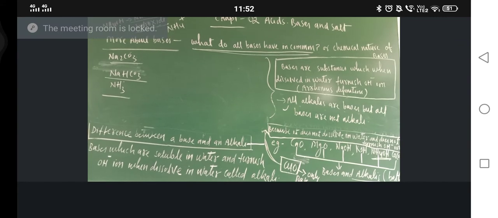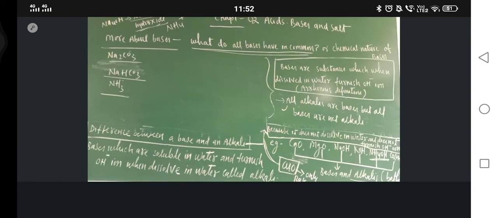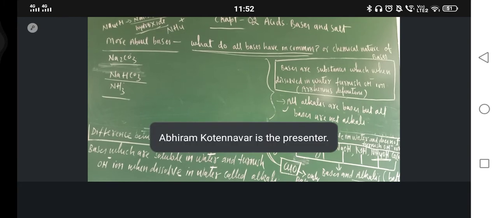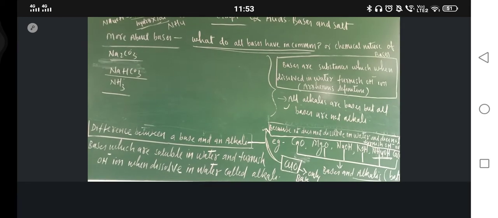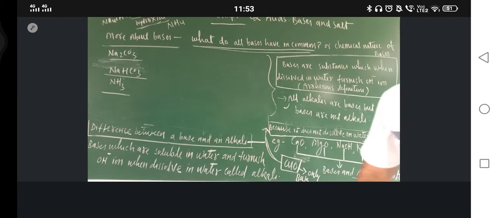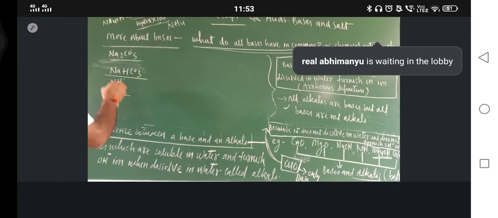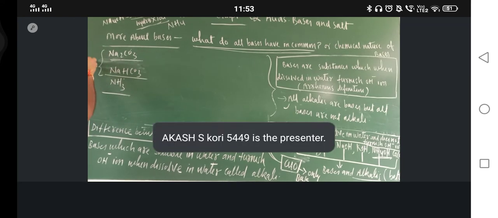Okay. So just see, my discussion is concentrated on three compounds: Na2CO3, NaHCO3, and ammonia. Try to understand why I am discussing these three compounds. I will justify it. Actually, Na2CO3 and NaHCO3 both are salts.